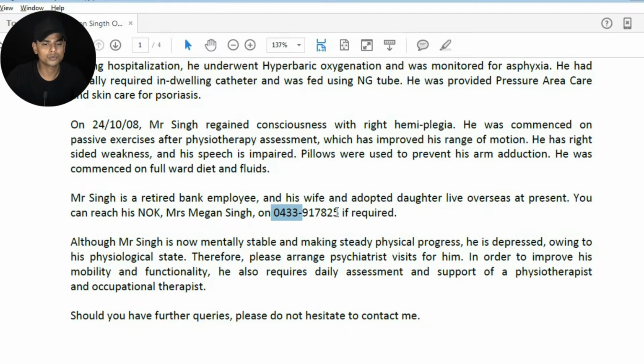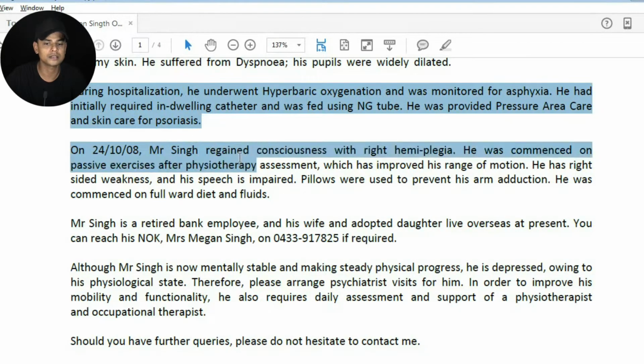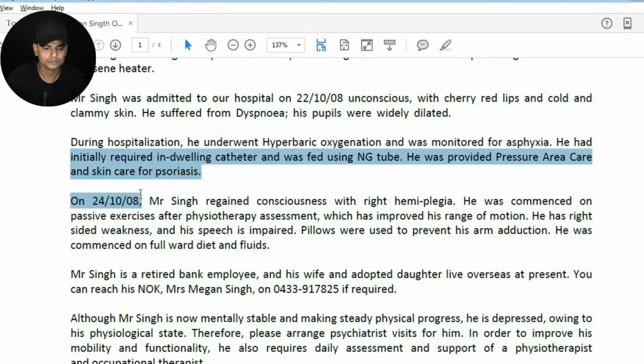You see that? So we have already mentioned in just 2 paragraphs the entire things that happened with the patient, how his condition was during admission, and how he is right now, the main treatments that were given. Everything is mentioned in just 2 paragraphs.